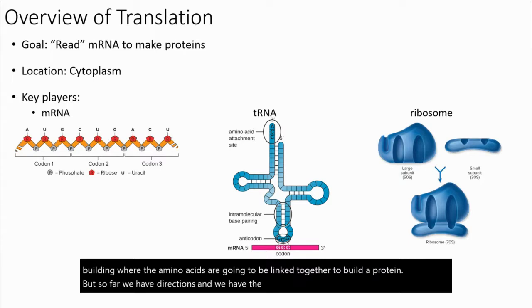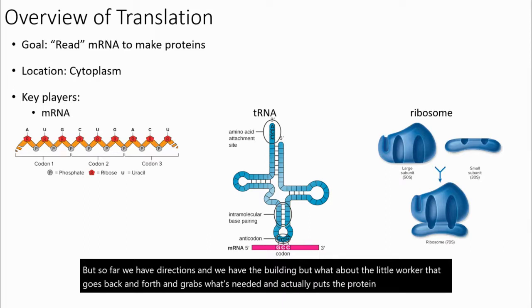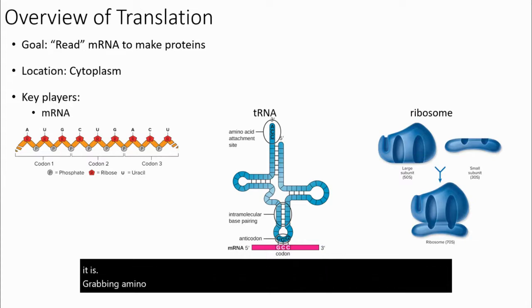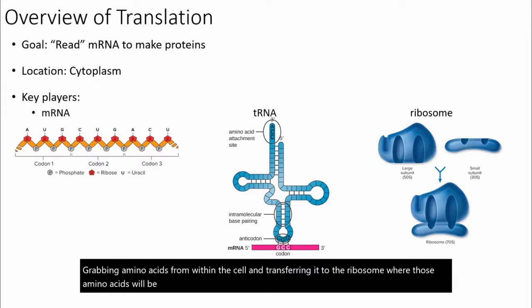But what about the little worker that goes back and forth and grabs what's needed and actually puts the protein together? Well, that's going to be the tRNA, and that T stands for transfer. And we call it a transfer RNA because it is grabbing amino acids from within the cell and transferring it to the ribosome, where those amino acids will be linked together to form a big protein.